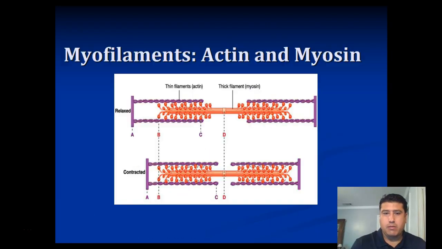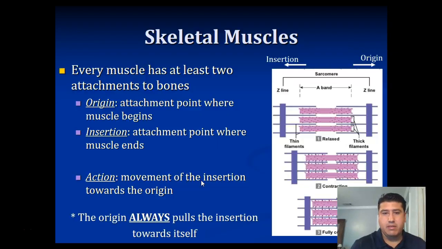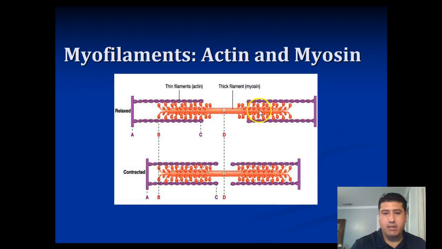But going back to this slide, this is the myosin, and this is the actin. Okay, so it just changes colors. So going back to what I was talking about, here's the actin, the thin filaments, and myosin, the thick filaments. All right, this is where muscle contractions occur.